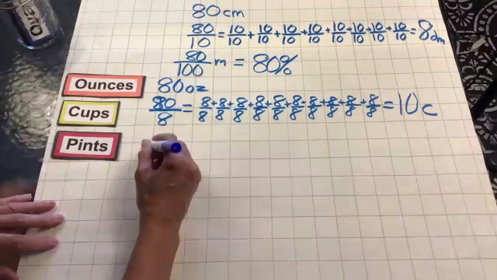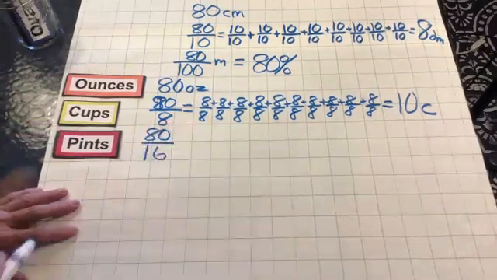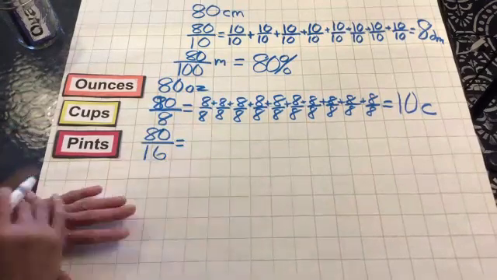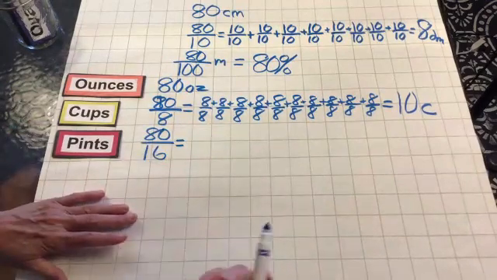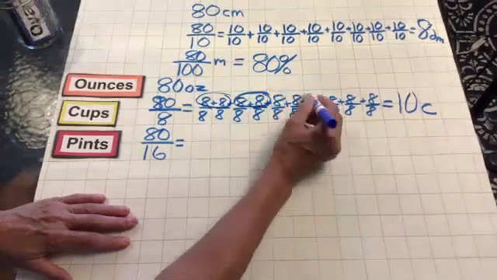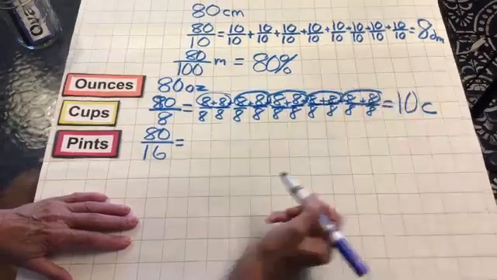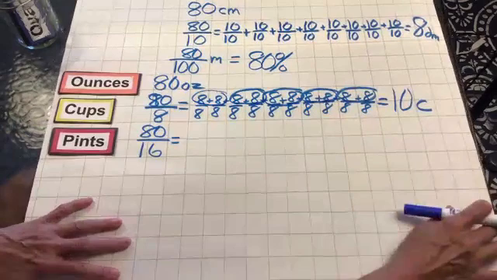We know it takes 16 ounces to make a pint. We have 80 ounces, so we're going to break this apart into 16. We know 8 plus 8 is 16, so we can put these two together, and these two together, and these two together, and these two together, and these two together. 2 cups make a pint.